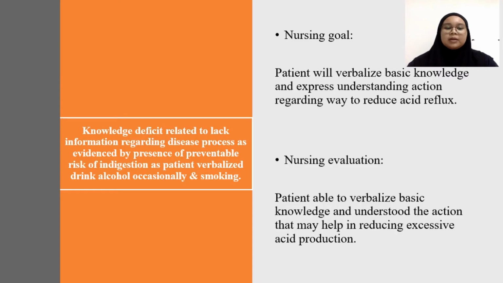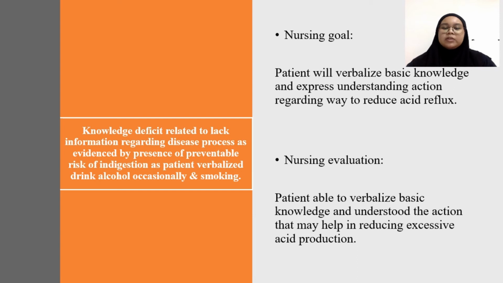Then the second nursing diagnosis is knowledge deficit related to lack of information regarding the disease process, as evidenced by the presence of preventable risk of indigestion, as the patient verbalizes he drinks alcohol occasionally and smokes. So the nursing goal for this nursing diagnosis is that the patient will verbalize basic knowledge and express understanding of actions regarding ways to reduce acid reflux.